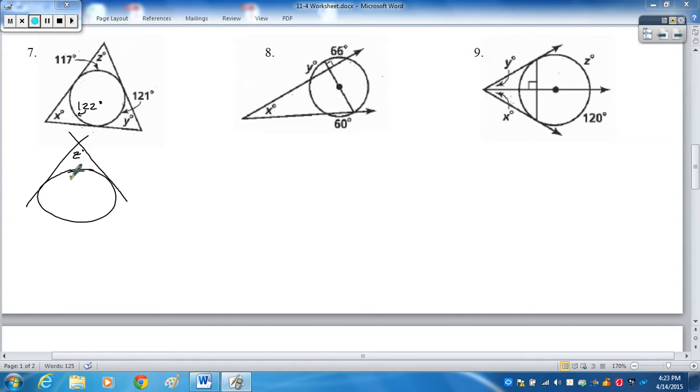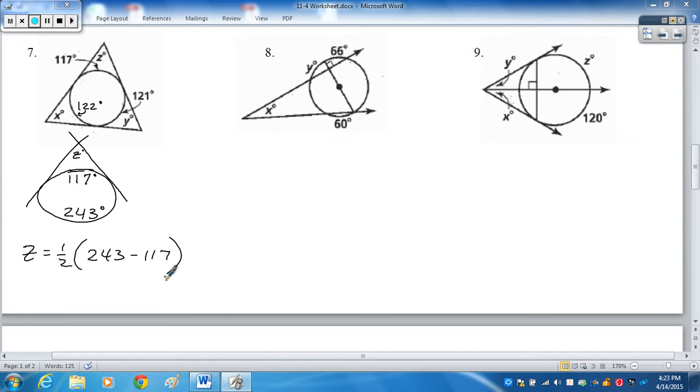And I know that this facing arc is 117 degrees. This arc over here can be the sum of these two, or 360 minus 117, so you get 243 degrees. So z is going to be 1/2 the difference between 243 and 117. I'll let you guys calculate that one out.